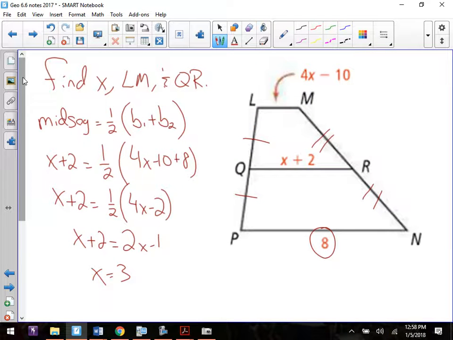So you get x is equal to 3. And then I always like to go back and substitute in, because dealing with mid-segments is pretty easy. 3 plus 2. 4 times 3. Subtract 10. 2.